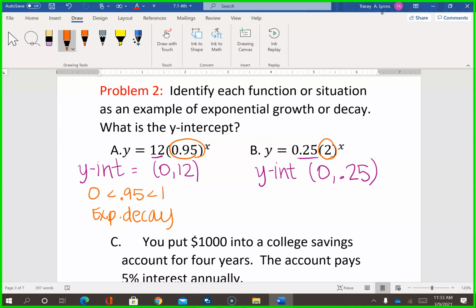Everything in orange would be a reason for this one being a decay question. The other one is bigger than 1. So this is an exponential growth question. The exponential growth question looks like that graph that we just did on that first one, 2 to the x. So it kind of looks like that.